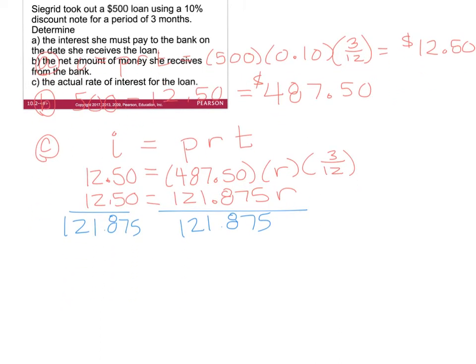I'm just going to do that division in my calculator. 1250 divided by the 121.875. And I'm going to get 0.10256. So you're actually paying a little more interest than they quoted you. You're paying 10.256% interest.